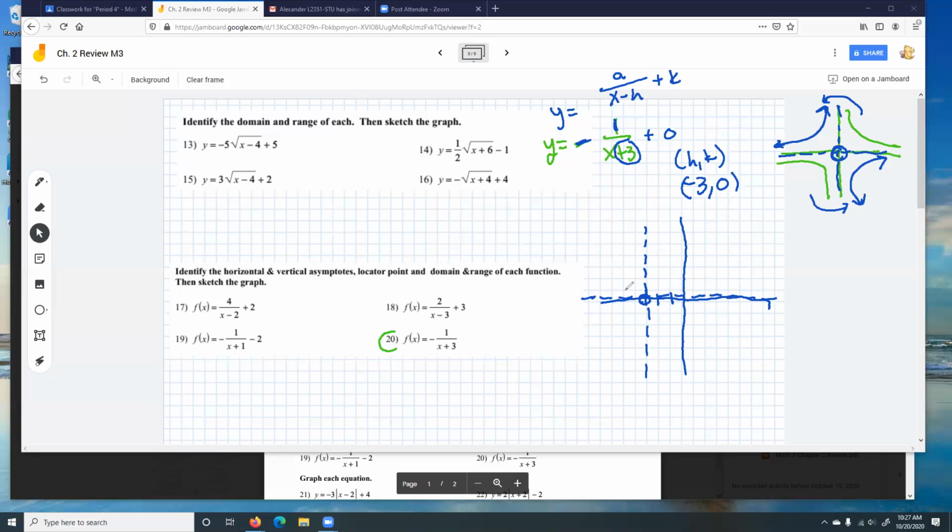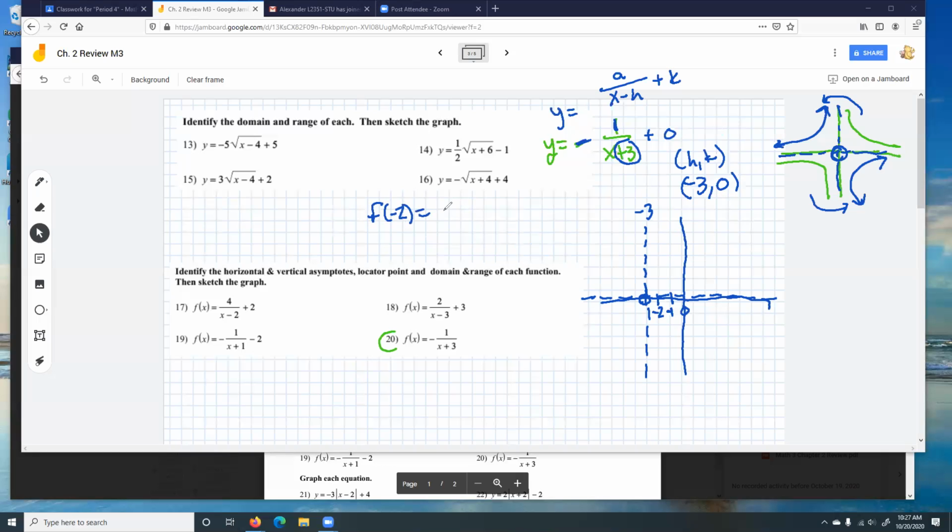So I know this branch is going to be over here. So at -3, the function is undefined. So maybe I want to plug in -2, -1, 0 to find, normally the branch is over here, but now the branch is going to be down here. So if I plug in -2 into this function, okay, so let me find a place to do that. F of -2.